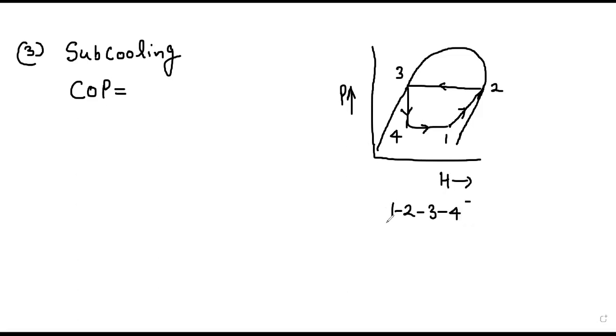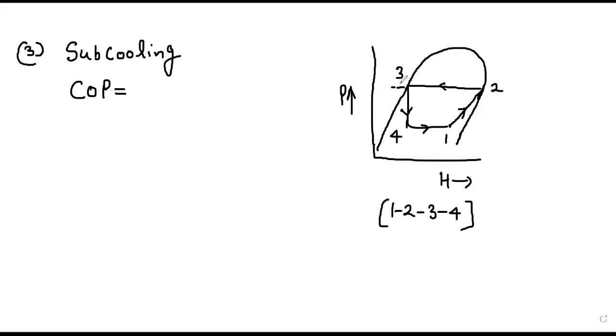Now, what is subcooling basically? Subcooling is a process of cooling the liquid refrigerant below the condensing temperature for a given pressure. So if I cool it towards this side, then when it enters this portion, it will enter into the subcooled region.